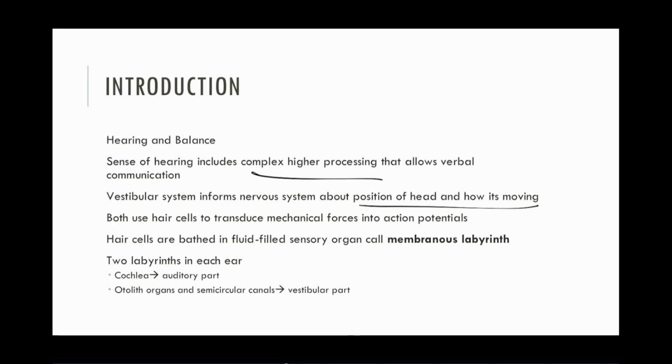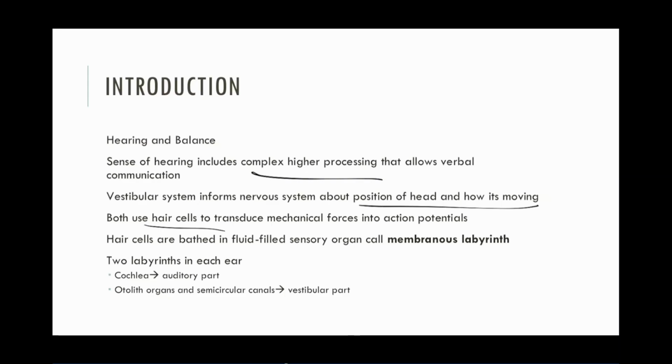Both, whether it's vestibular or cochlear, all use these hair cells to transduce the mechanical force into an electrical one. Remember, for all of these sensory ones, you have to convert the mechanical force, so my voice goes into your ear, and it's moving your hair cells and letting you know that you're hearing something.